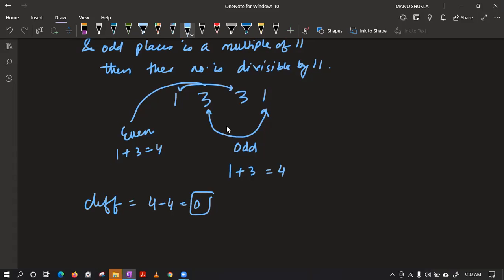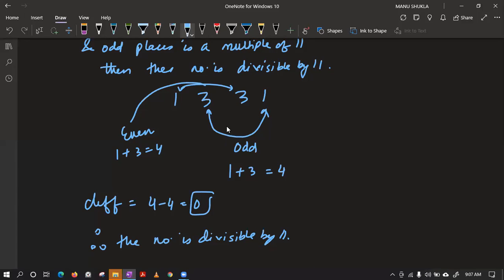And class, can we say that 0 is a multiple of 11? Can we say? Yes. If you multiply 11 into 0, you will get 0 only. Therefore, the number is divisible by 11. Okay. So with this, 11 is done.